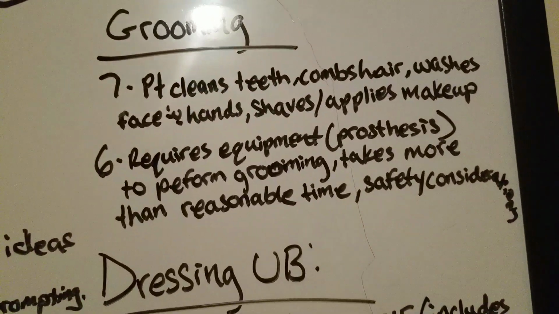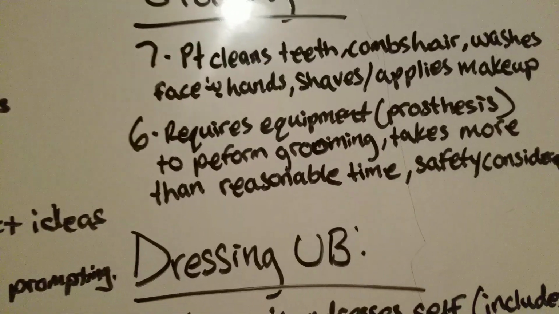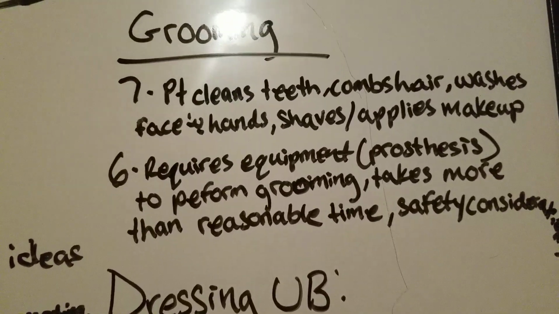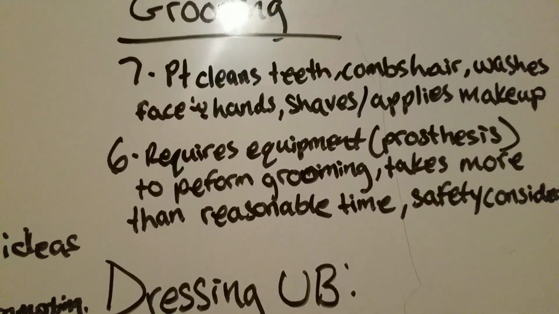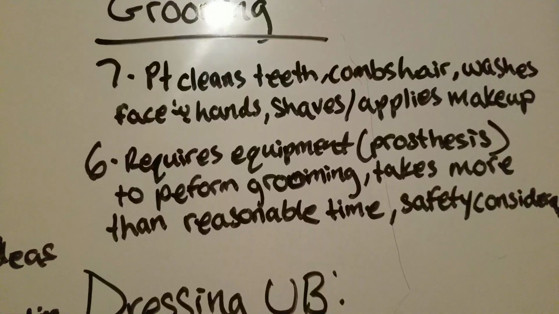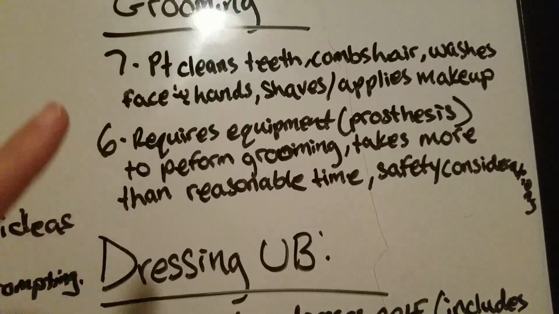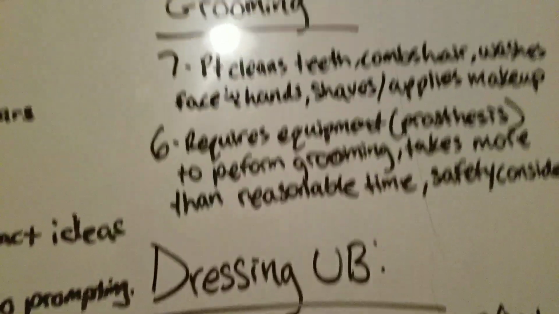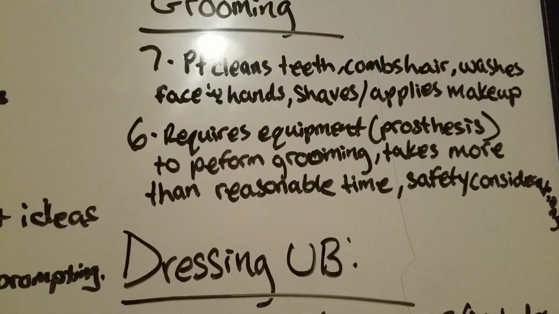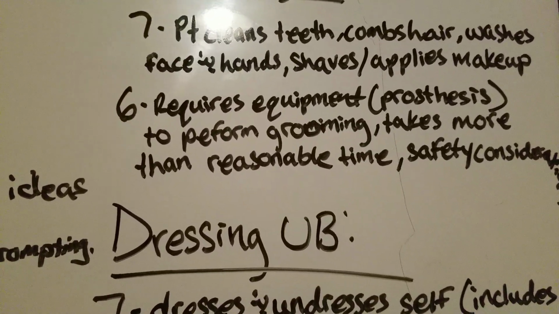7, the patient is able to complete their grooming task independently. They're brushing their teeth, combing their hair, washing their face and hands. They can shave themselves and they can apply their own makeup. Now, when it comes to 6, they can complete all of the same tasks that they were doing at 7, that classifies as a 7, but they require equipment, and that's what we were talking about over there.